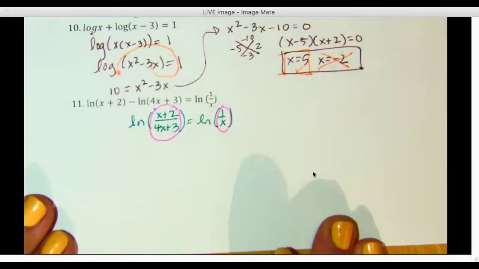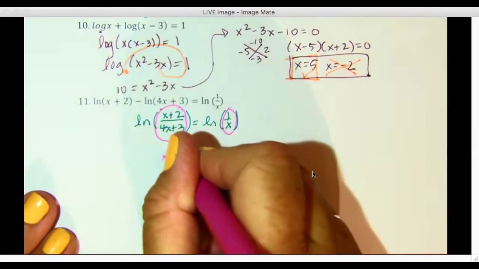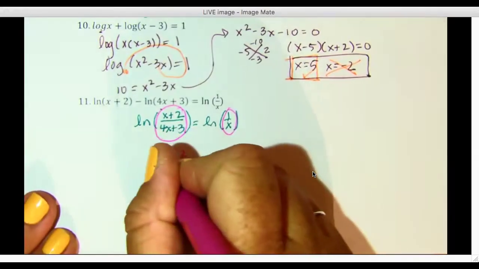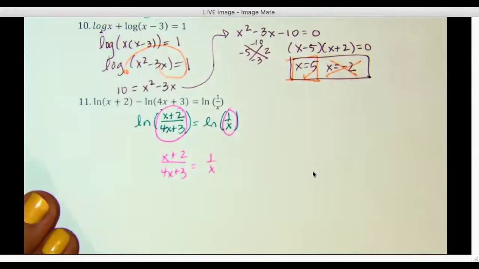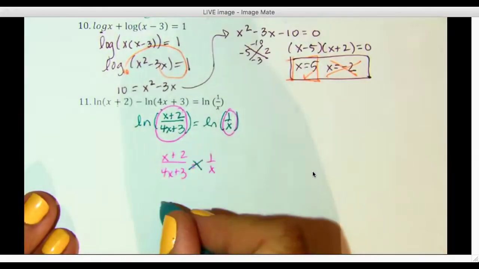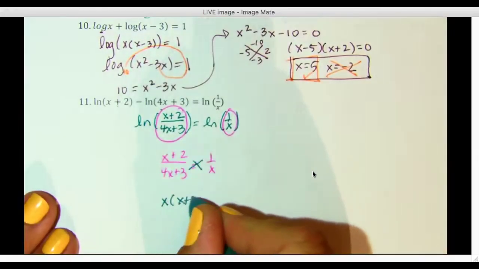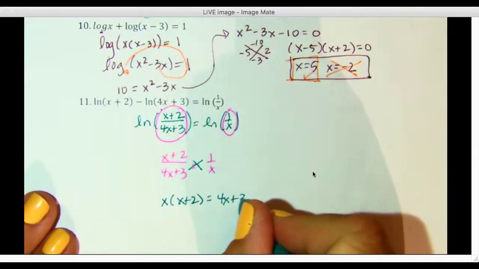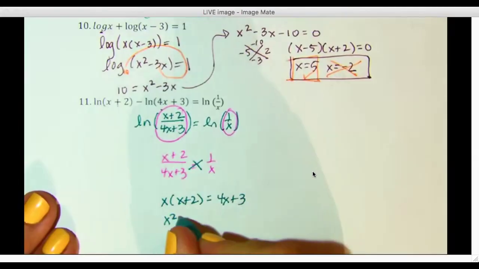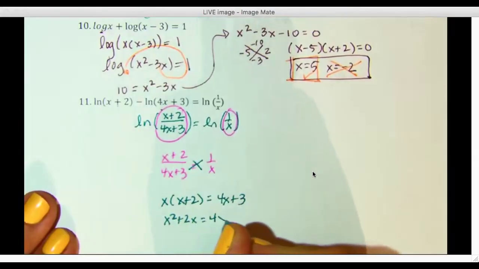So I have x plus 2 over 4x plus 3 is equal to 1 over x. And then I can cross multiply. X times x plus 2 is equal to 1 times 4x plus 3. X squared plus 2x equals 4x plus 3.